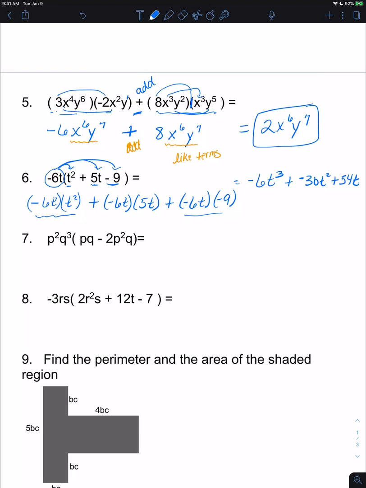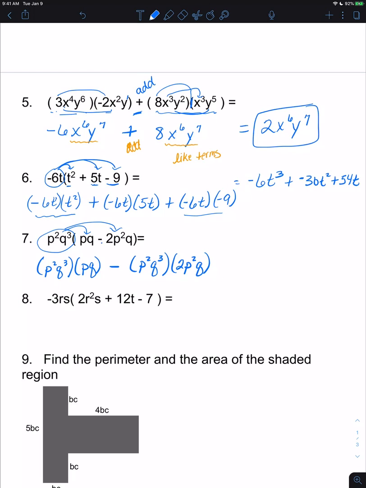Okay, so remember, again, we're going to distribute this term times each thing that's in the parentheses. So you've got p squared q cubed times that pq. Then minus that p squared q cubed times 2p squared q.